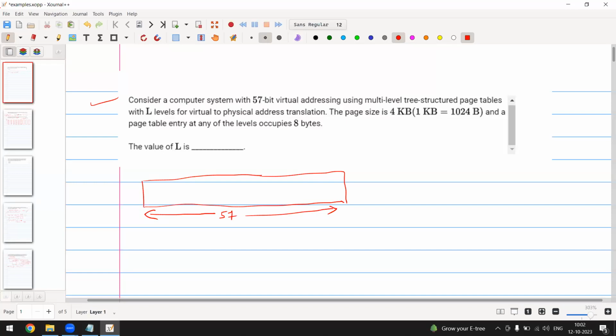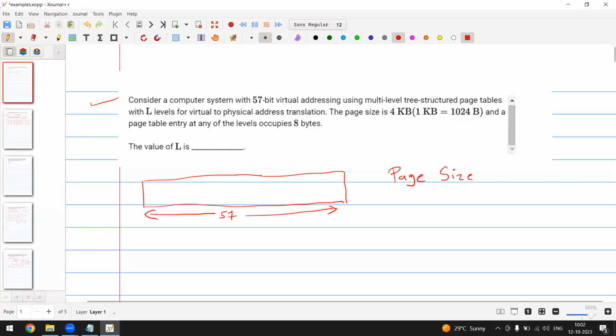L levels are given. The page size is 4 KB, that means 2 raised to 12 bytes.